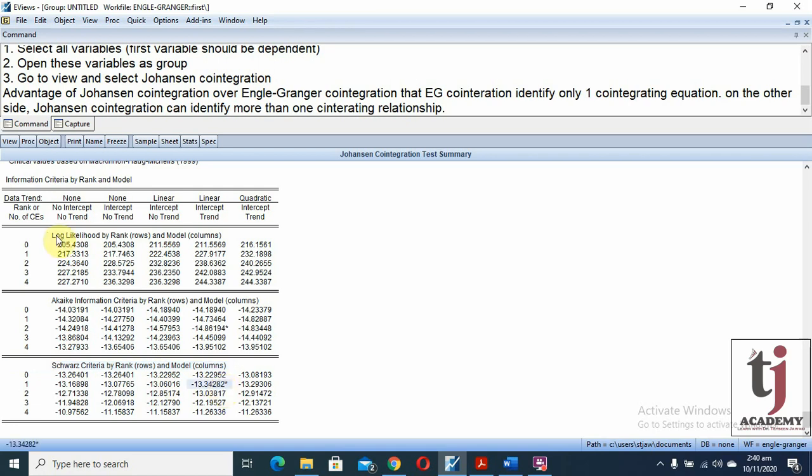This shows option number 4 and lag 1 is the appropriate one. The star shows option number 4, and this value shows the number of lags. Lag 1 with option 4 is appropriate in our model.